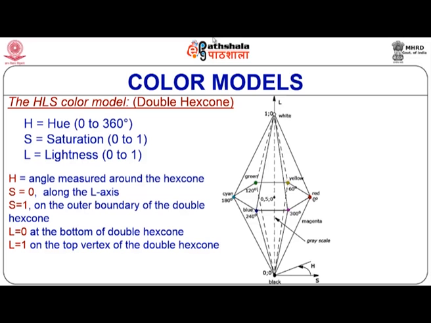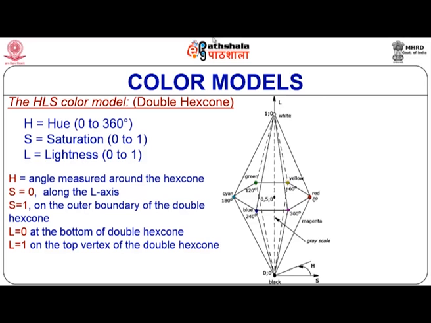On the top it is white, on the bottom it is black, and any color is represented with 3 values H, L and S. H is hue as usual, S is saturation. Instead of V, we are using another variable L to separate the 2. L is the axis connecting the vertices black and white.